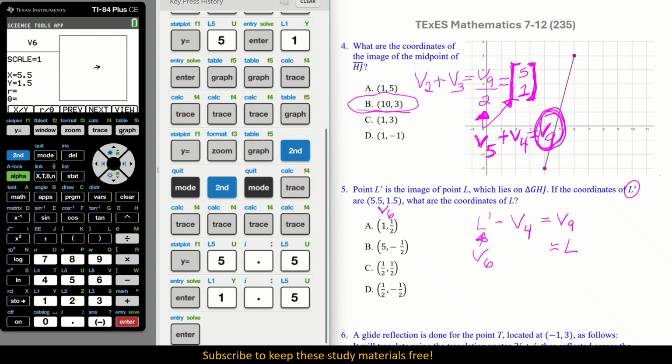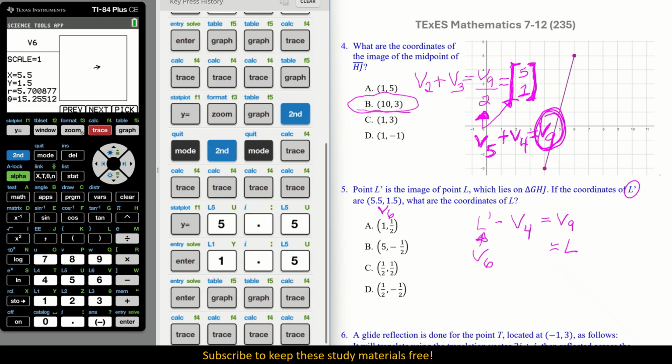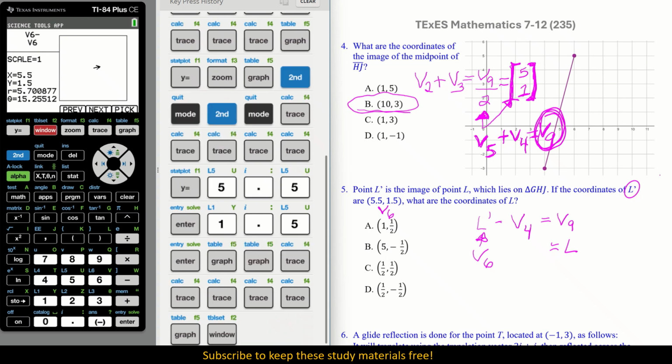Okay, now let's push graph to view. Now we're fully entered. So what do we want to do? We want to go to our math, and we have to go all the way over to V6. We're going to take V6 and pick it. Now we're going to subtract V4, which is our translation vector.